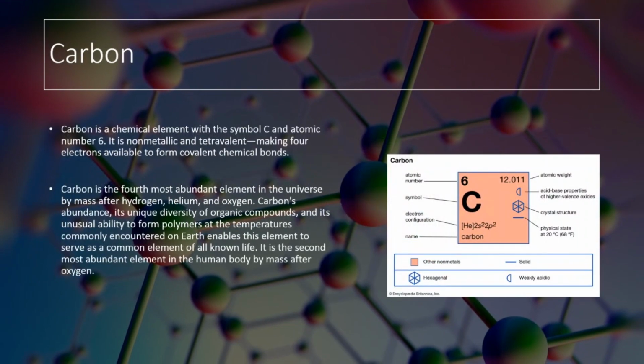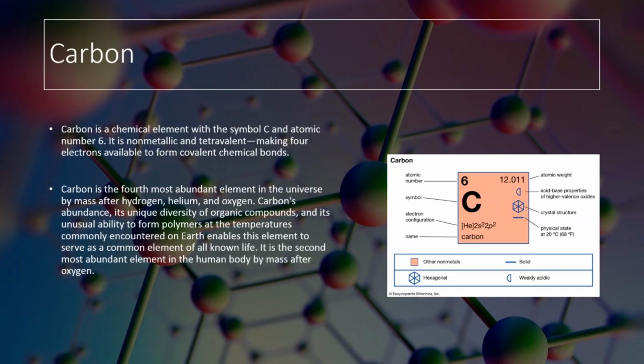Carbon is a chemical element with the symbol C and atomic number 6. It is nonmetallic and tetravalent, making 4 electrons available to form covalent chemical bonds. Carbon is the fourth most abundant element in the universe by mass after hydrogen, helium, and oxygen.